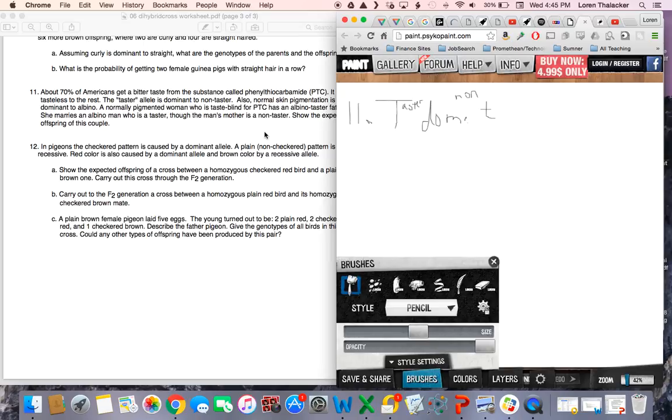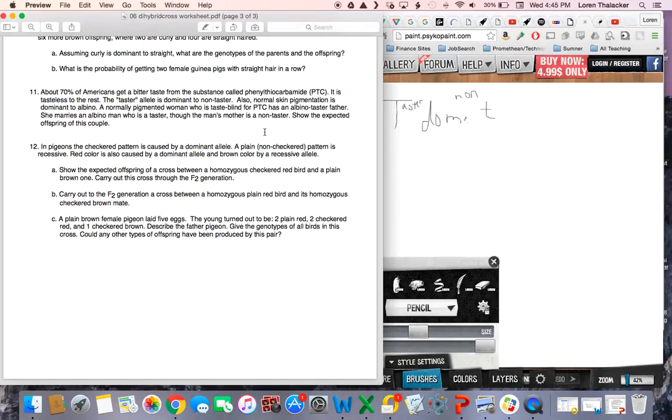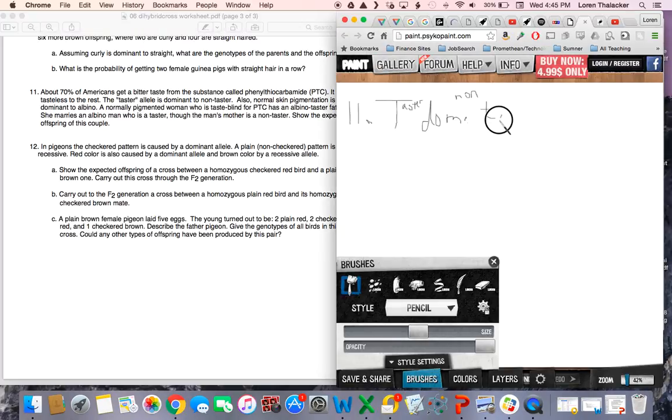Okay. And we also know, this is like a whole nother idea, that normal skin pigmentation is dominant to albino. So it was talking about people tasting things, now it's talking about skin color. So our other fact that we know is that we can have normal skin pigmentation, or a little s, we'll do that for albino.